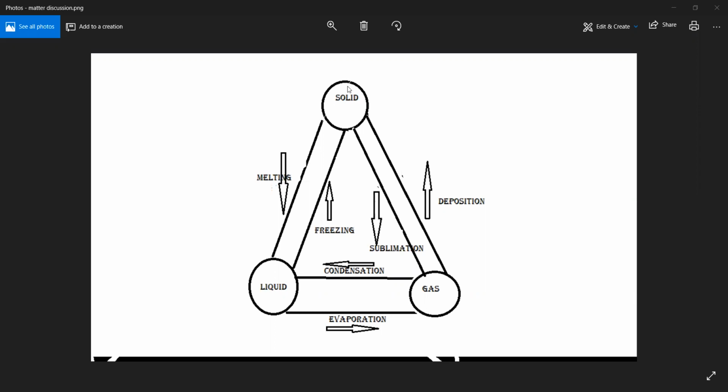All right, so when we have solid, for instance, ice cube, what we commonly call ice block. When we have ice block or ice cubes, then we subject the ice cube to heat.